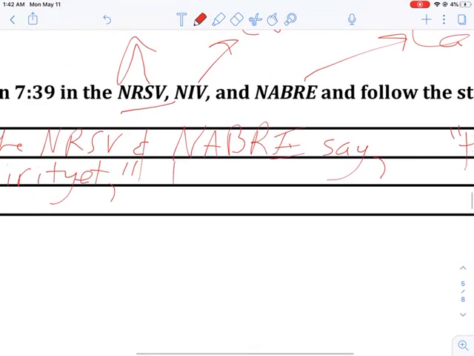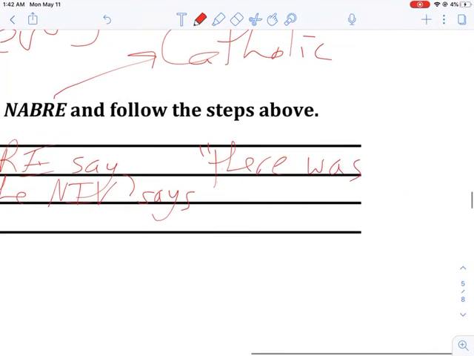But the NIV says Jesus had not yet given the Spirit.